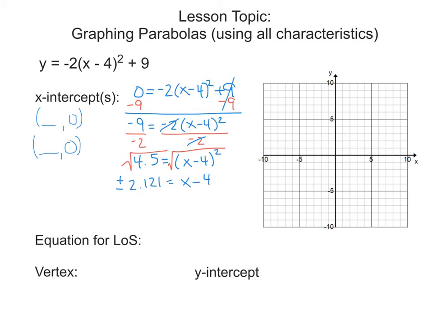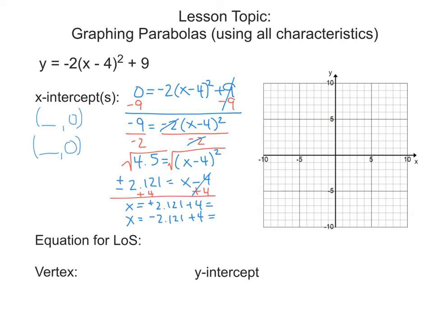And lastly, we get rid of what was in the parentheses because we're undoing the PEMDAS steps. So we're going to add 4 to both sides. And these cancel. We're going to get x equals positive 2.121 plus 4. Or we're going to get x equals negative 2.121 plus 4.